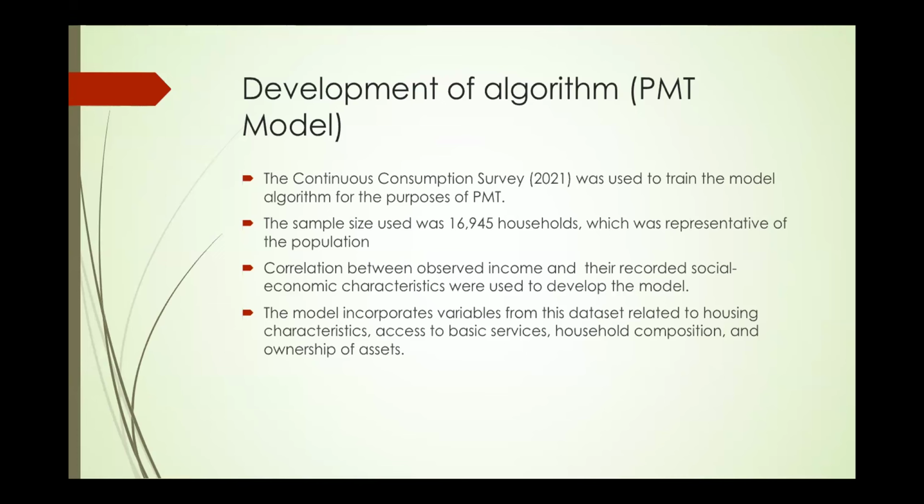Another thing to know is that we get these indicators from what you register yourself when you're going through the means testing instrument in the module when you're registering. However, we have to verify and validate these indicators. To validate and verify, we use various existing data sets. An example includes the IPRS.